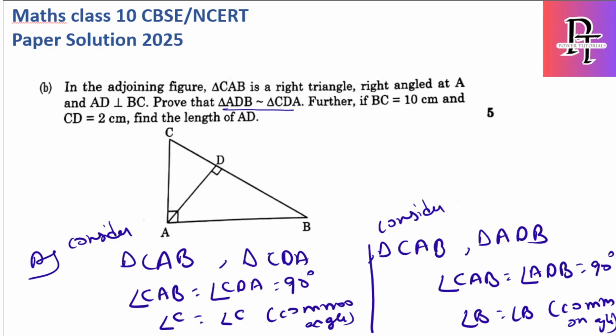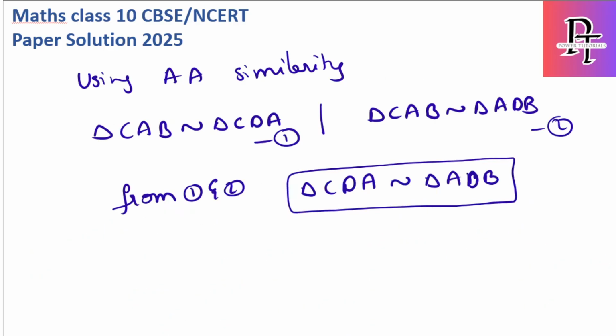Other question they are asking. Further, if BC is 10 and CD is 2, they are asking AD. BC is 10, CD is 2.